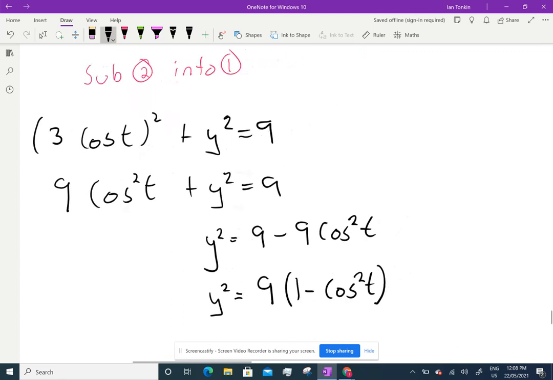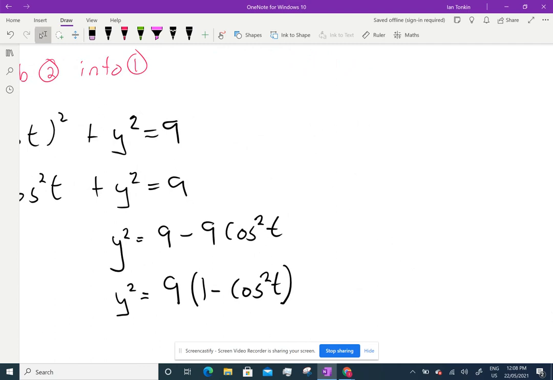And again, I'm going to use the Pythagorean identity, the basic trig identity, which is cos squared theta plus sine squared theta equals 1. Why did I get that 1 in front of there?